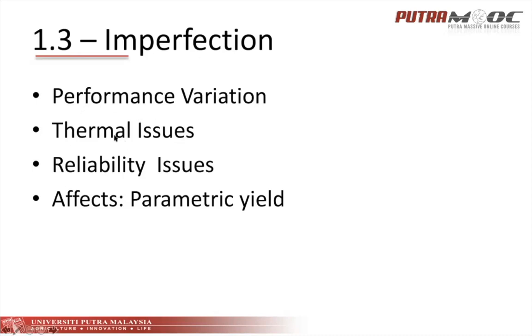Also, if you have very high resistance metal track and very large current densities, this will introduce higher I, higher R. So you have P equals VI, so P equals I squared R. So if you have this, then it can also introduce higher power, and this power will be transferred into heat and cause thermal issues. Not only that, you can also introduce reliability issues.